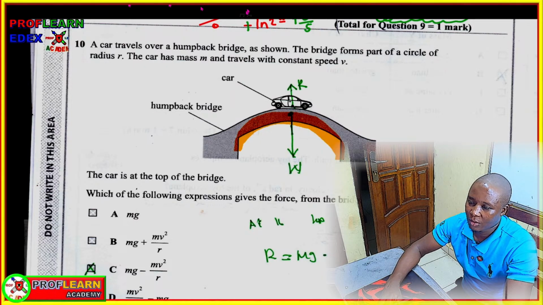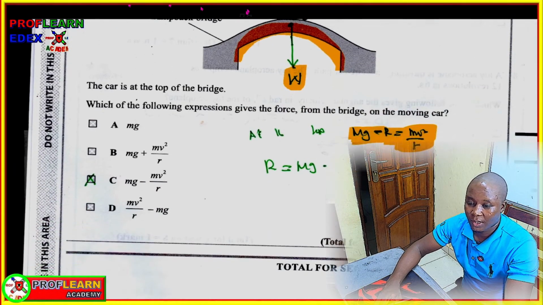There is a force that is going to be directed towards the center, and the resultant force is going to be equal to the centripetal force. The resultant force is going to be W minus R, which is equal to mv squared over r. In that case, the weight was mg.